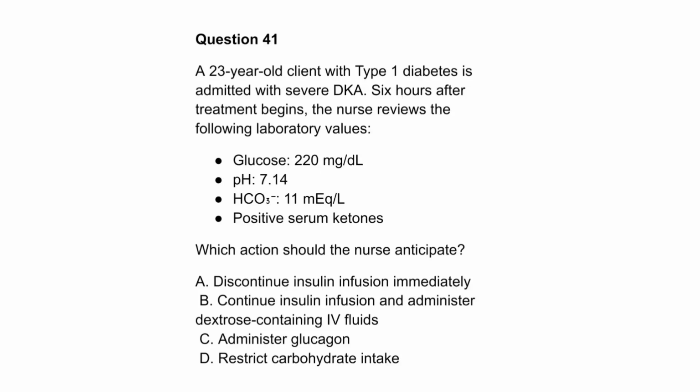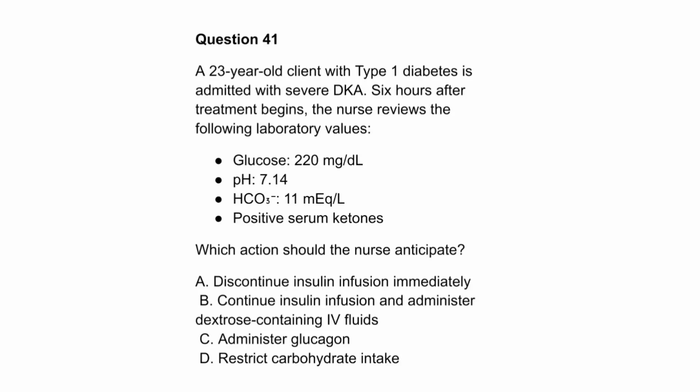Question 41. A 23-year-old client with type 1 diabetes is admitted with severe DKA. 6 hours after treatment begins, the nurse reviews the following laboratory values: glucose, 220 milligrams per deciliter; pH, 7.14; HCO3, 11 milliequivalent/L. Positive serum ketones. Which action should the nurse anticipate? A. Discontinue insulin infusion immediately. B. Continue insulin infusion and administer dextrose-containing fluids.